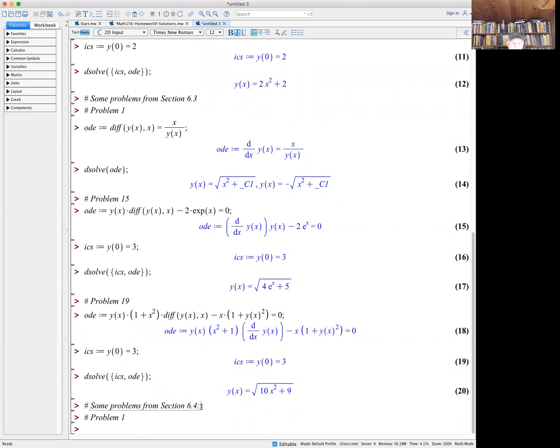This is a certain differential equation, which is called the logistic equation, which comes up in many, many, many different examples. So let's look at some of the problems.